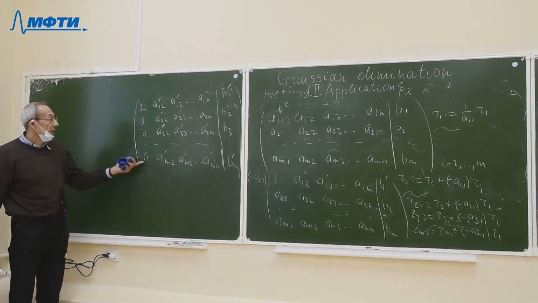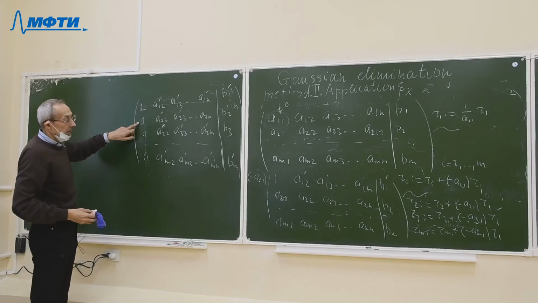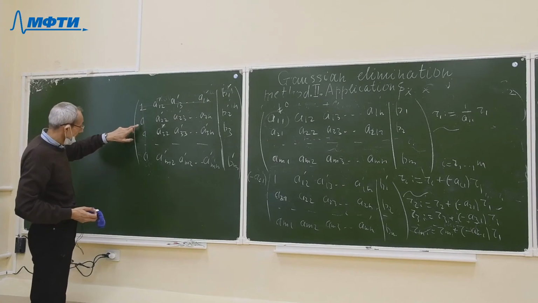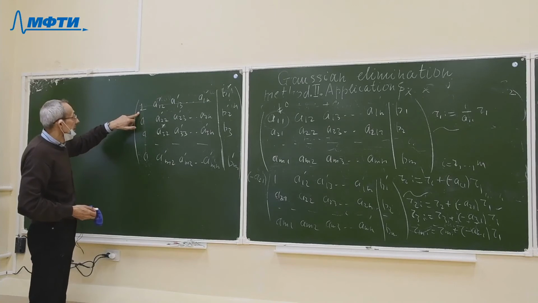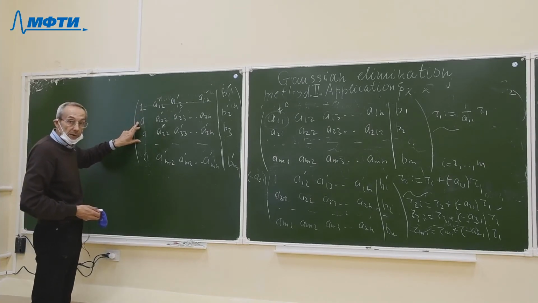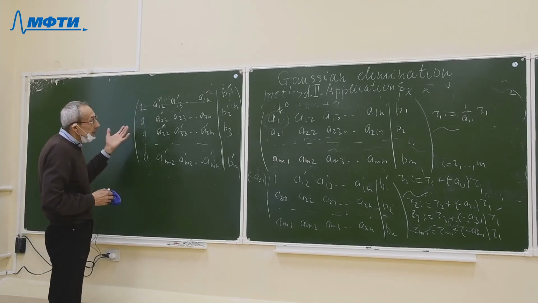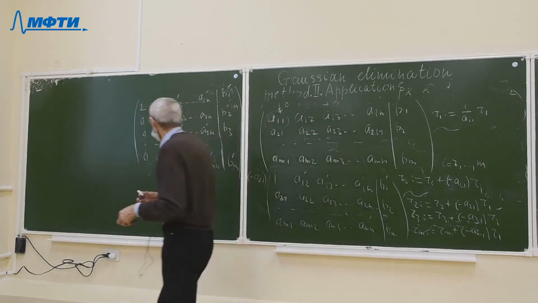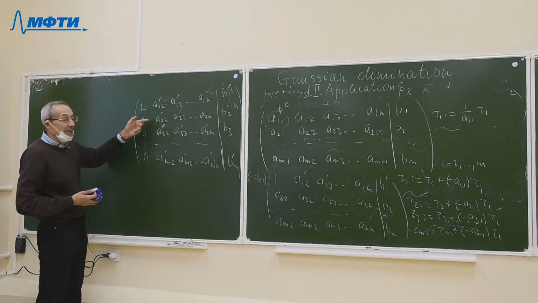And we obtain the matrix which has the following property. All elements in the second column, which lie below the leading element, are equal to 0. And we reduce our problem to the problem for a matrix which has a smaller size.